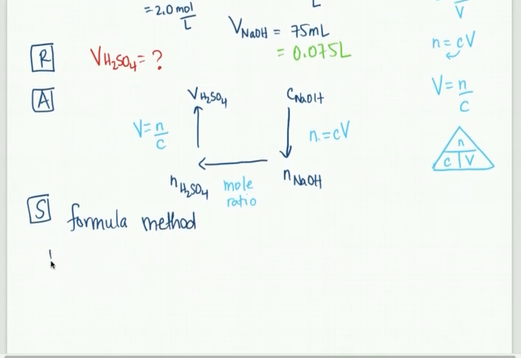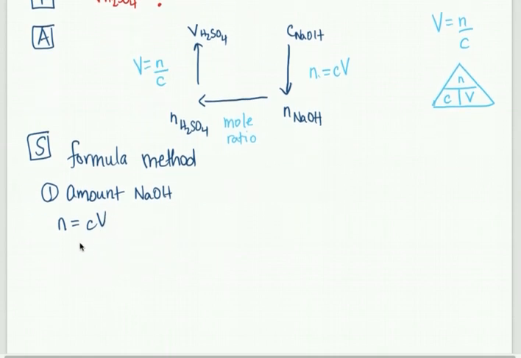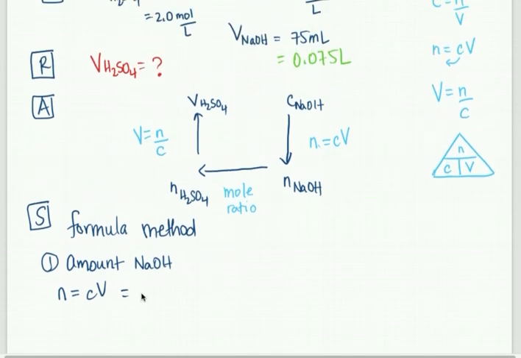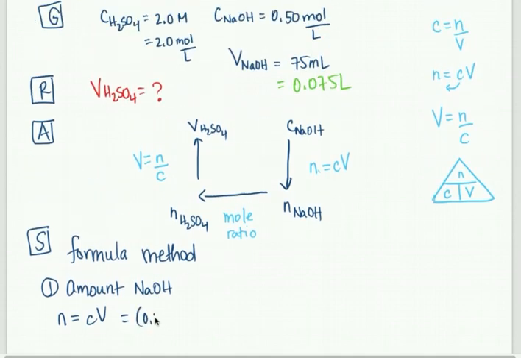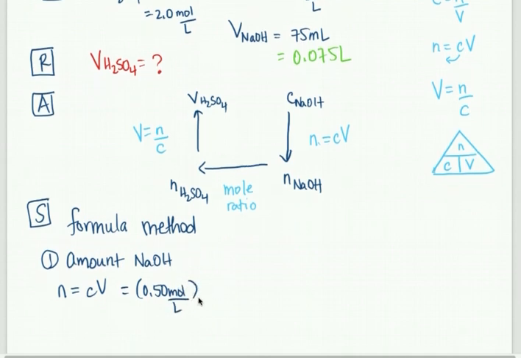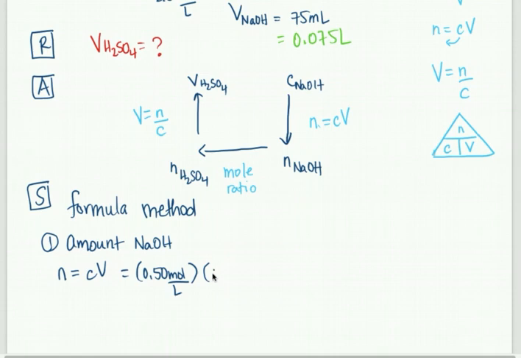Step one, I'm going to find the amount of sodium hydroxide. I'm going to use n equals c times v here. We have the concentration of sodium hydroxide, which was 0.50 mole per liter, and the volume was 75 milliliters, but we converted it to liters.